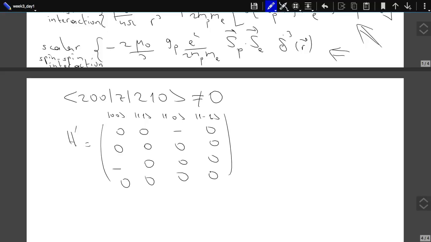And let's just call those matrix elements delta. So delta is equal to H prime, <2,1,0|H'|2,0,0>.